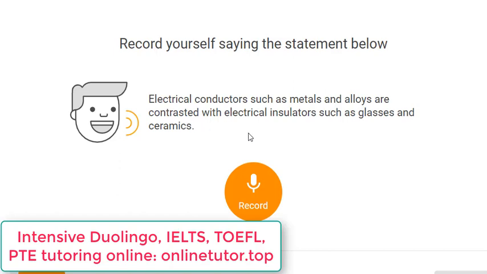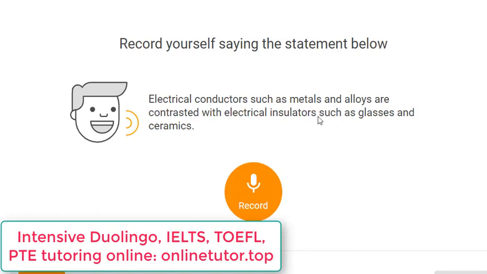Okay, now about pauses, yeah? Let's speculate about the pauses. You know my approach already, maybe. You will feel it. Electrical conductors, such as metals and alloys, again up, are contrasted, micropause, with electrical insulators. Here, I just don't go up, I just stress it, with electrical insulators.